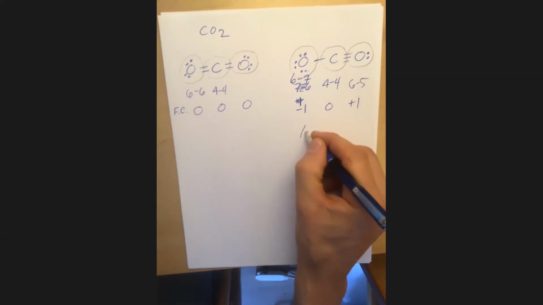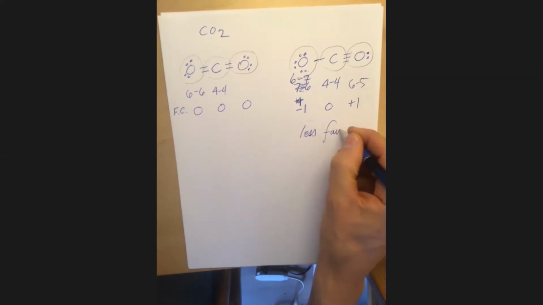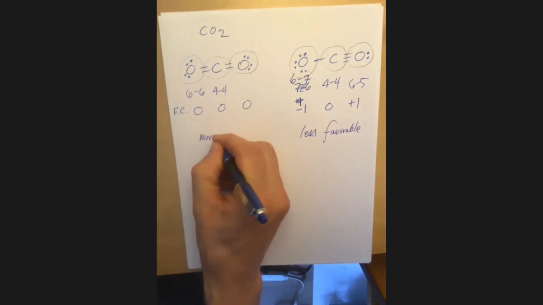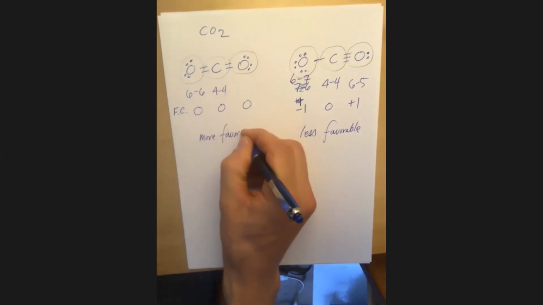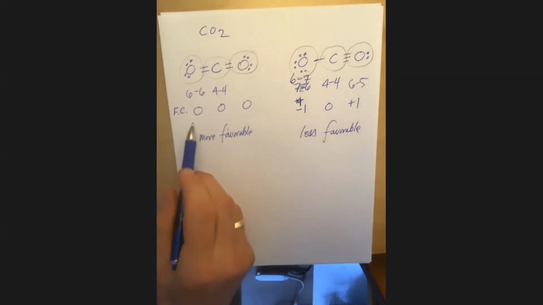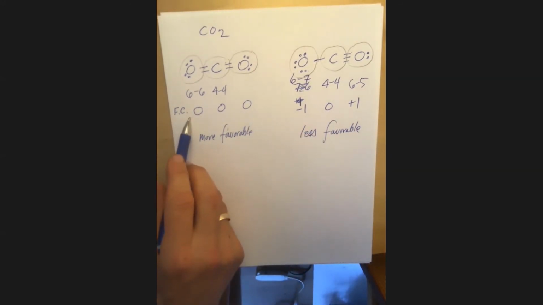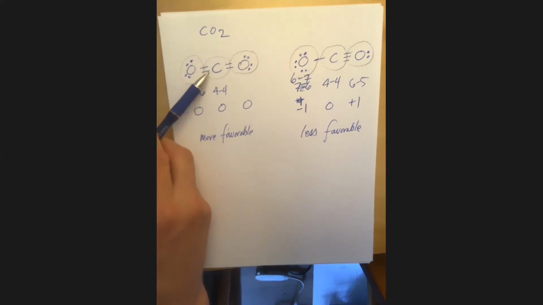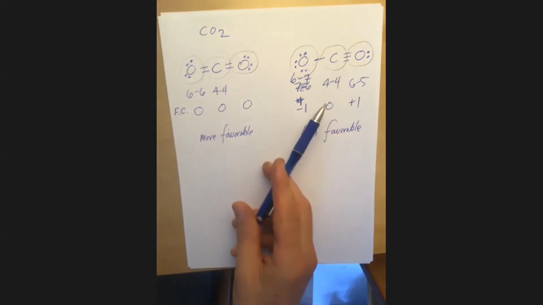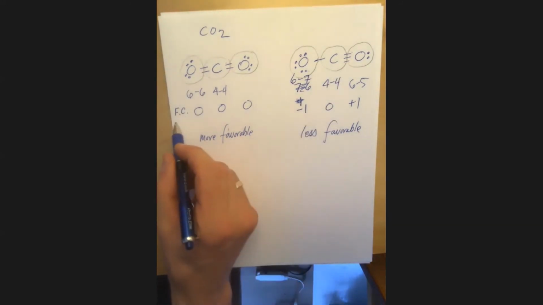So this is less favorable and more favorable. And so by using the formal charge mechanism, we can help to understand why this carbon dioxide with its double bonds is more favorable, more prevalent than this version of carbon dioxide. And so formal charges helps us to get there.